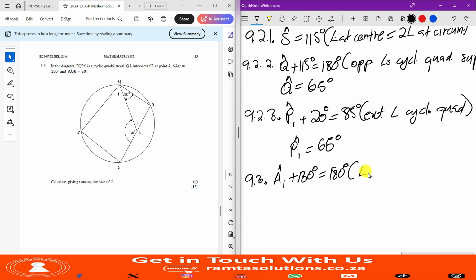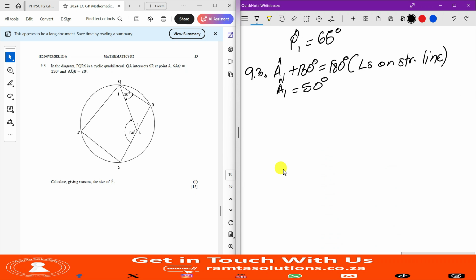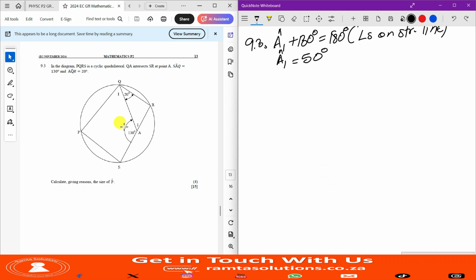Why? These are angles on a straight line. Therefore, angle A1 is equal to 50 degrees. That's one part of it.